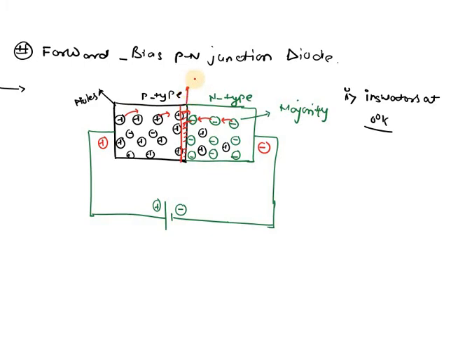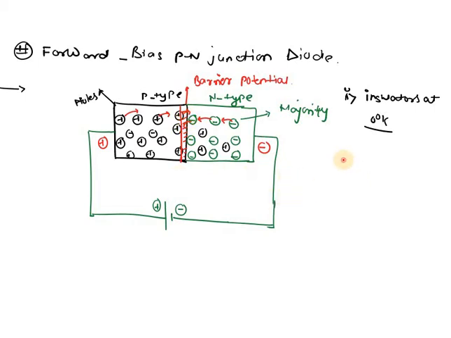This particular region is called barrier potential. Barrier is nothing but an obstacle between the two terminals, and due to the potential gradient of positive and negative charges, a barrier potential arises.